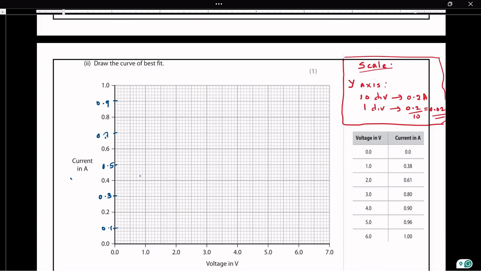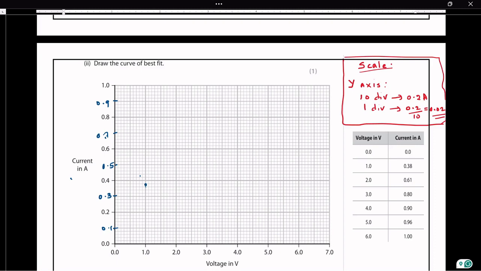This is 1 here and 0.38 is after 0.3. Remember each small division is 0.02. 0.3, 0.32, 0.34, 0.36, 0.38. So 0.38 is coming here.